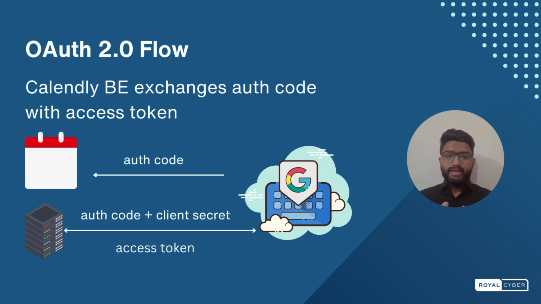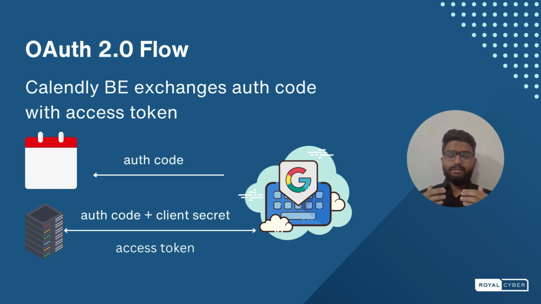The backend would already have a client secret stored within it. It would combine the auth code with the client secret and send the request from the backend to the Google server. The Google server would then send the access token to the backend application, and then the backend application would send the access token to the front end application.